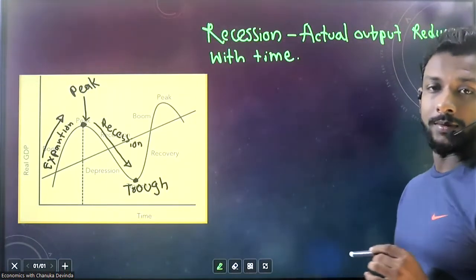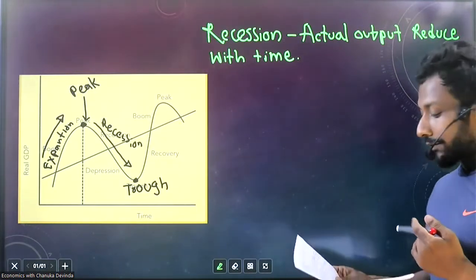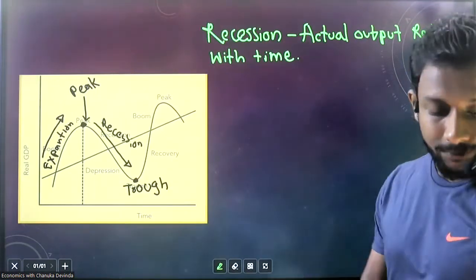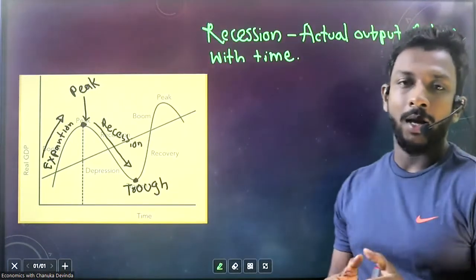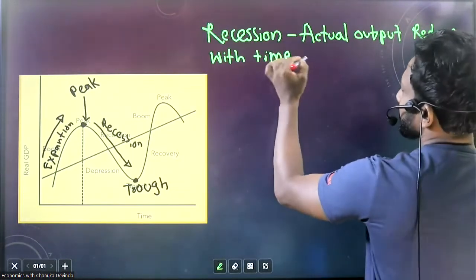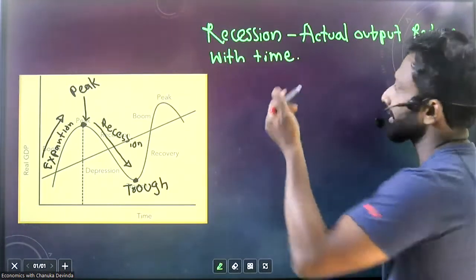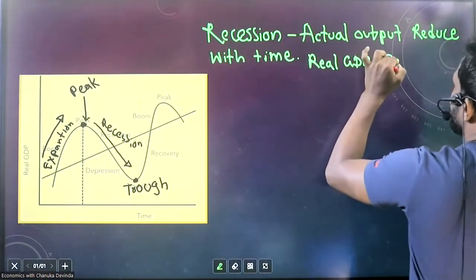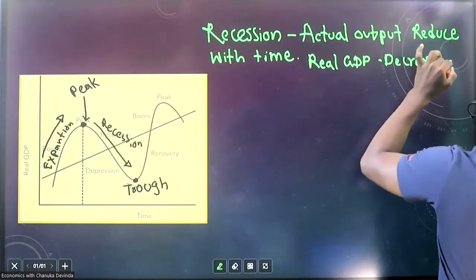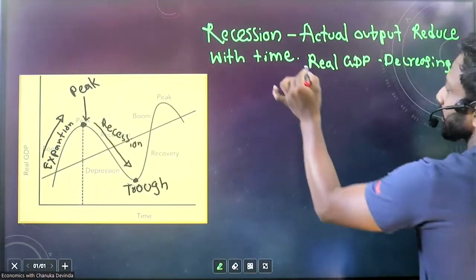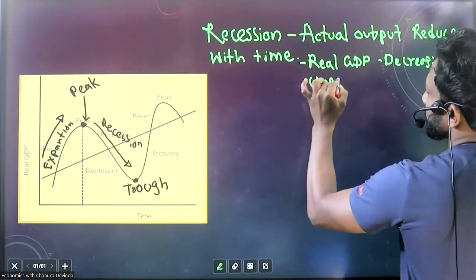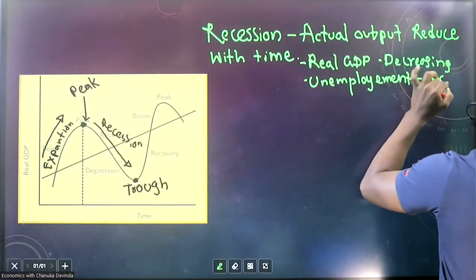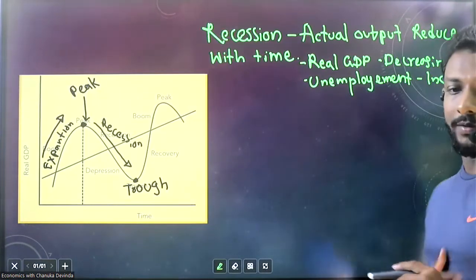In that time, what are the features? We identified a few at expansion. Real GDP is decreasing; previously, real GDP was increasing under expansion. Here, real GDP is decreasing and unemployment will increase.